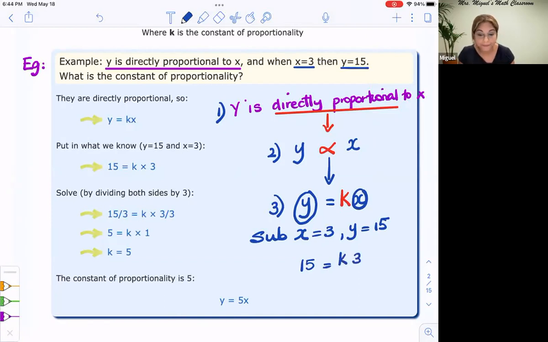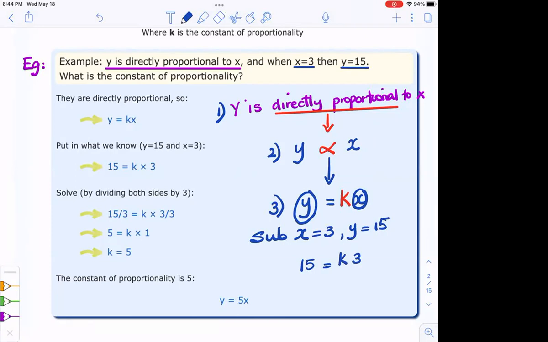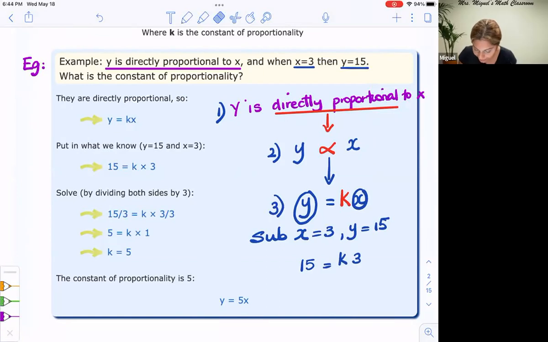Do you all see that? Yeah, right. Now, instead of this looking kind of untidy, I will write it as 3K. So take it down and solve for K, or make K the subject. Go ahead.